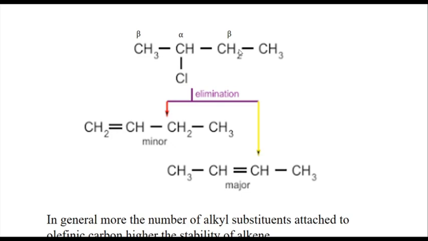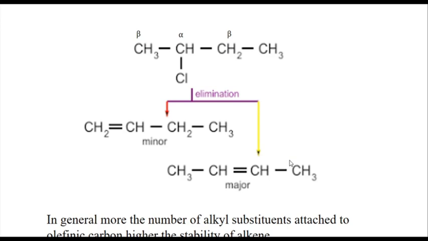So according to the Saytzeff rule, the more substituted product is favored. Okay, so it is likely to remove the hydrogen from this beta carbon, and gives 2-butene as the major product.